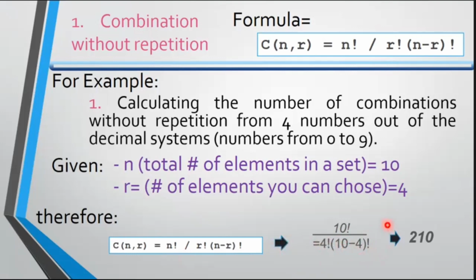Then 3,628,800 divided by 17,280 is equal to 210. So our 210 here is our combinations without repetition. So the answer is 210.